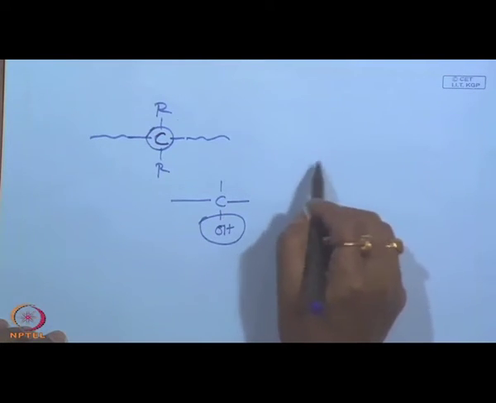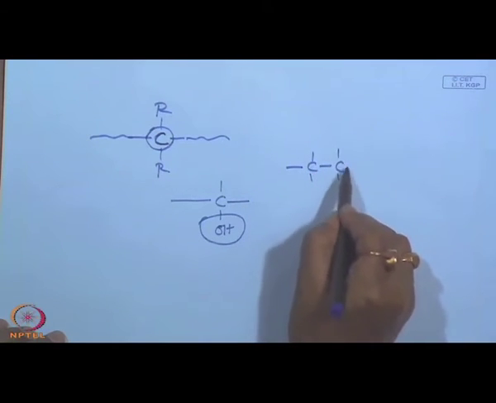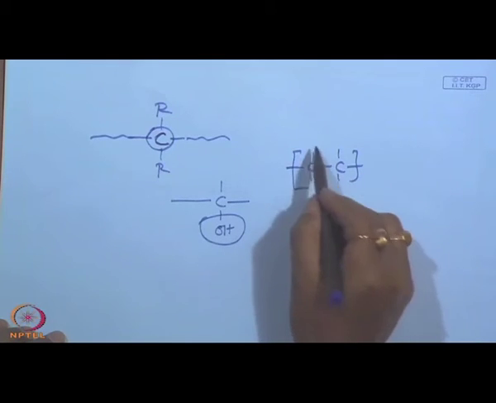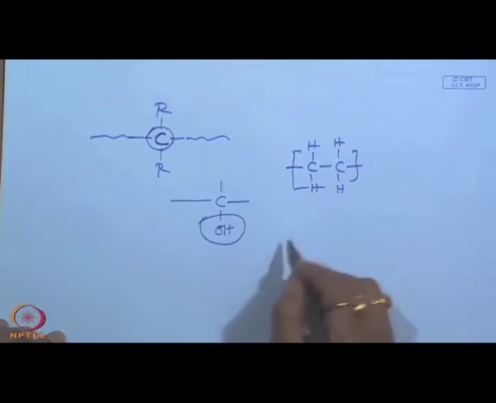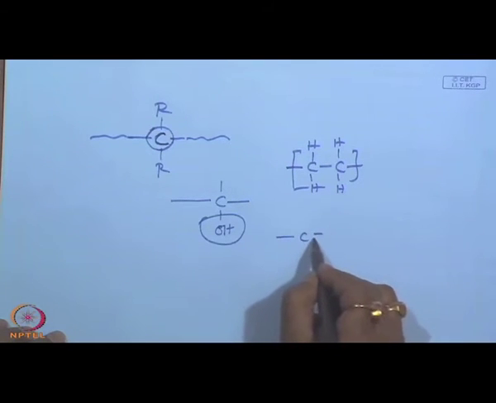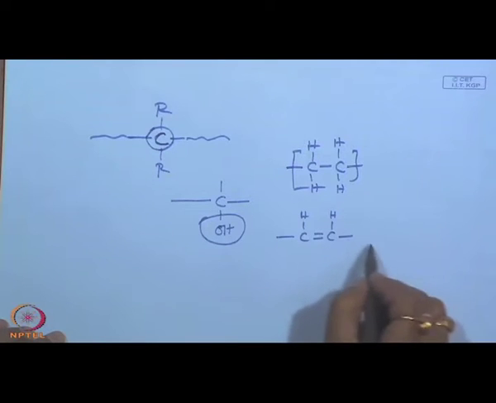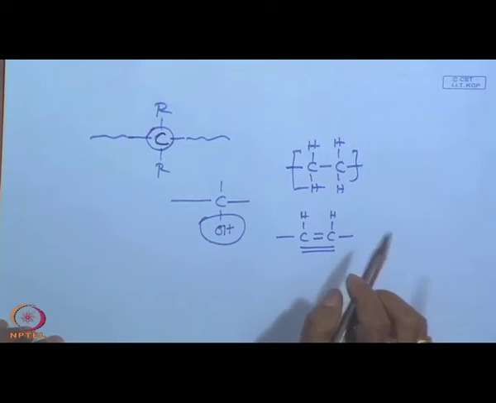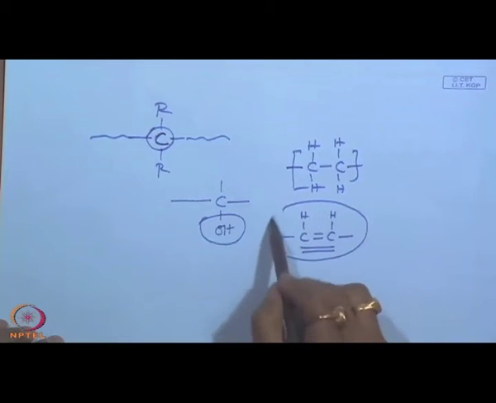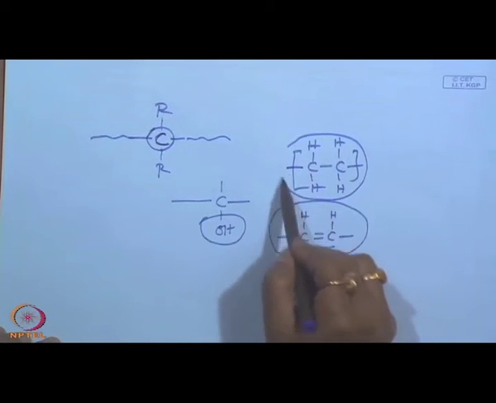That is why polyethylene having this saturated backbone chain like this is not degradable, whereas if a polymer chain contains unsaturated bonds like this, and other groups are there, so if such a type of bond is present in the polymer backbone chain, such a polymer will be degraded faster than polymers having the saturated structure.